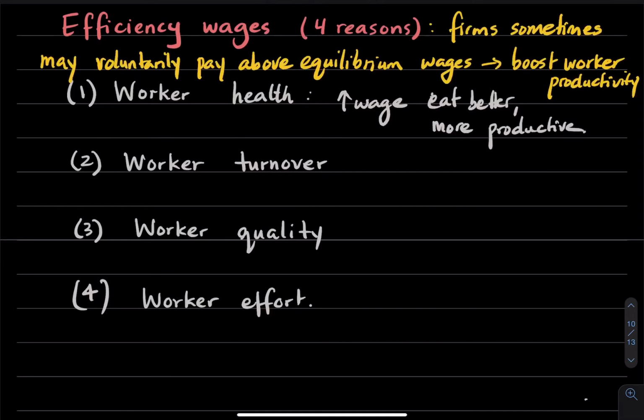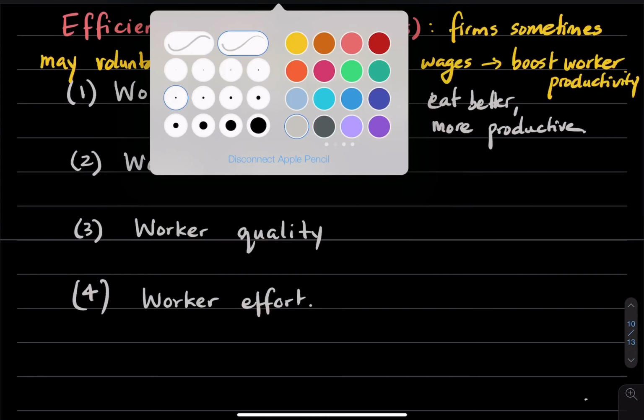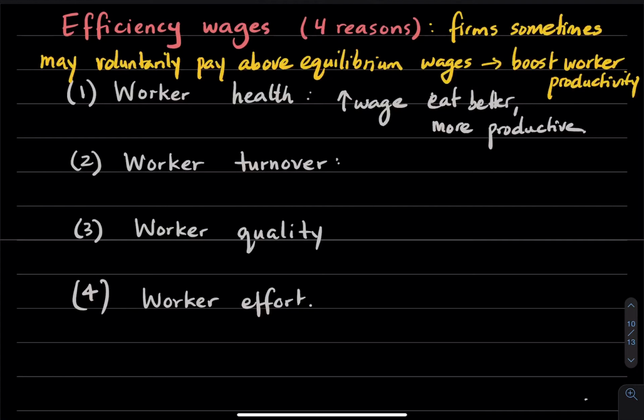So in other words, hiring and training new workers is costly. And so paying high wages gives workers more incentive to stay and would reduce turnover. So with higher wages, you reduce your turnover, and you're not constantly hiring and training new people because you're retaining that workforce.